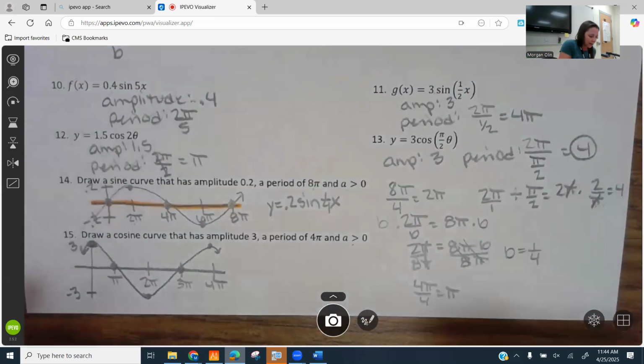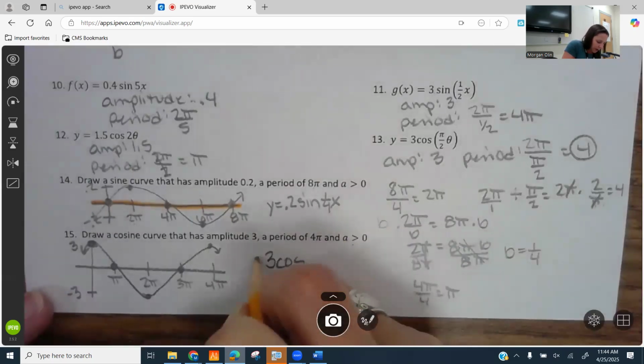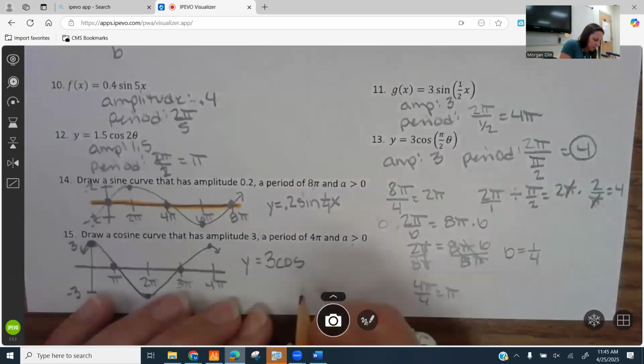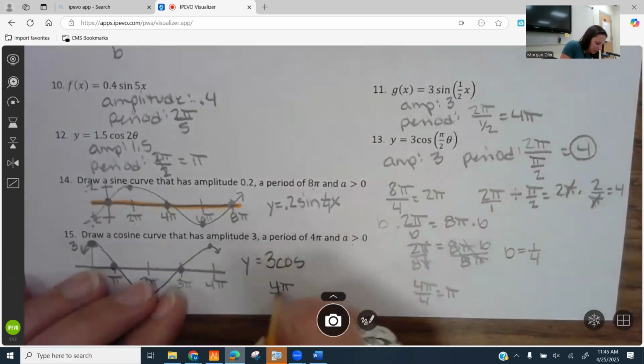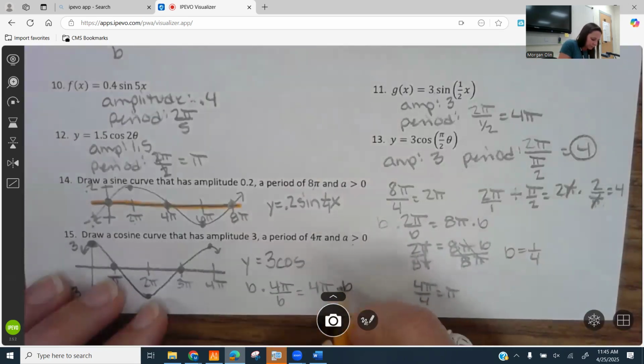So it's a cosine. My A is already that, and I know it's positive. The only tricky part of this is going to be finding the B. That is the hardest part. So remember, 4 pi over B equals the period, which is 4 pi. Multiply by B. So 4 pi equals 4 pi B, and then notice, I'm going to divide by 4 pi.